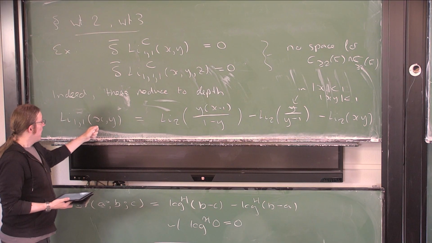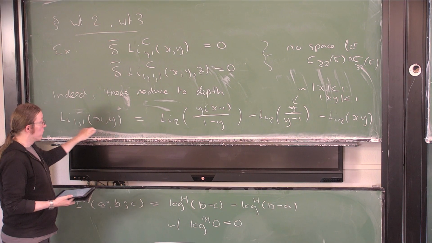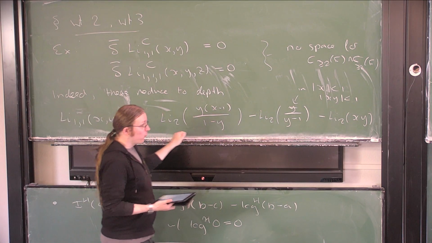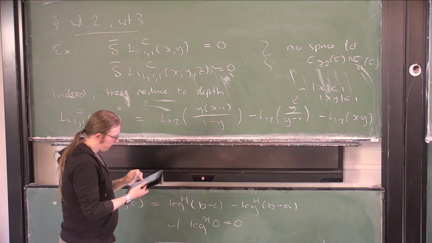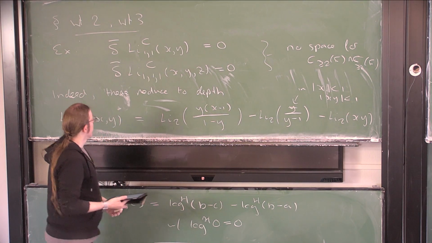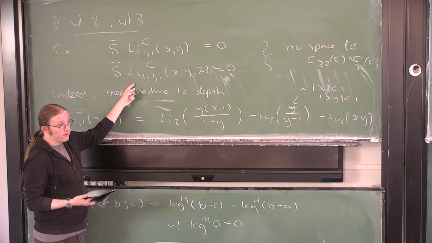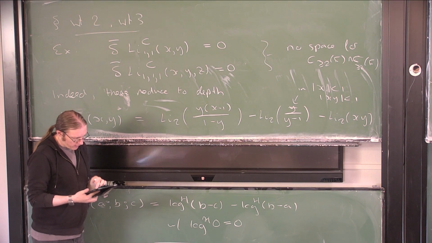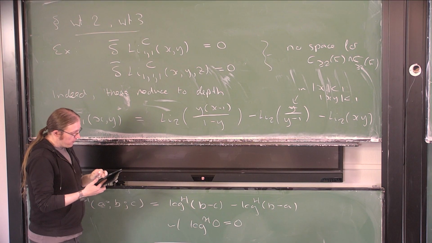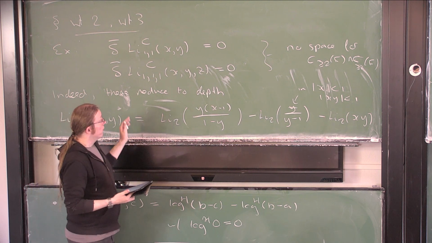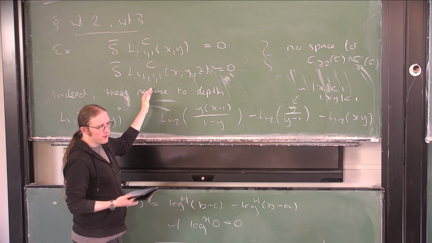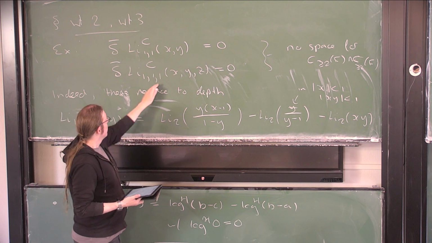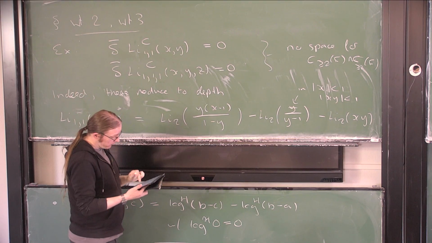So that's the example of what the conjecture would say. You can take any linear combination of polylogs where the co-bracket vanishes and find an equivalent expression in terms of depth 1. And then for the Li_{1,1,1} example, it's a bit more complicated to write down, so I won't do it, but there is a combination of, I think, 8 Li_3 terms that it's equal to, at least modulo products.